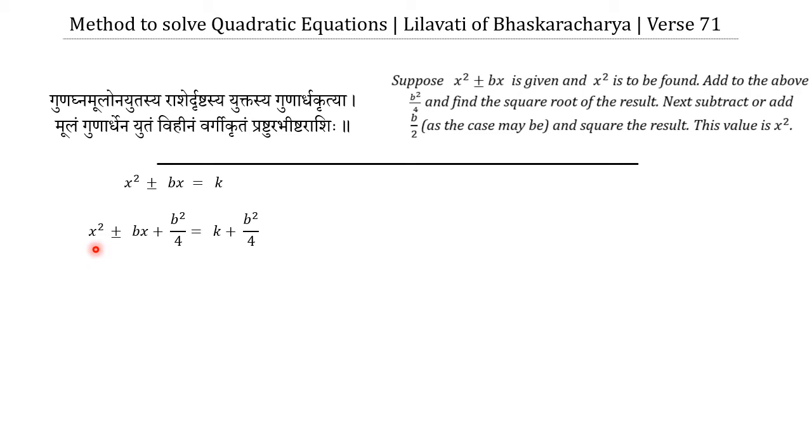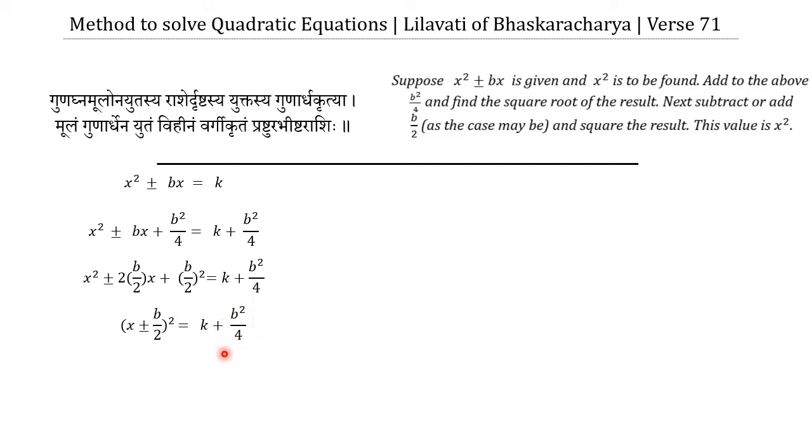So we notice that the left hand side of the equation can be rewritten in this format, which is nothing but a square plus minus 2ab plus b square. So we can write that as a plus b the whole square, which in this case is x plus minus b upon 2 the whole square, and the right hand side remains the same.